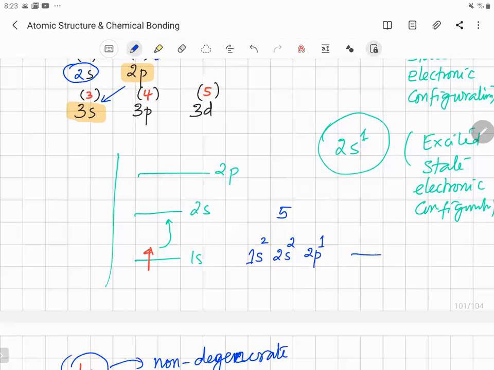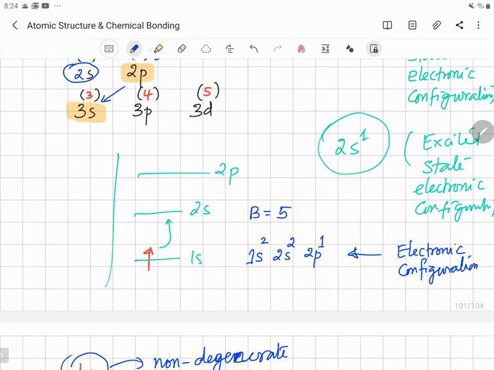This is known as the electronic configuration, for an atom or an ion which contains only 5 electrons. Which atom contains 5 electrons? Yes, boron. So this is the electronic configuration of boron.